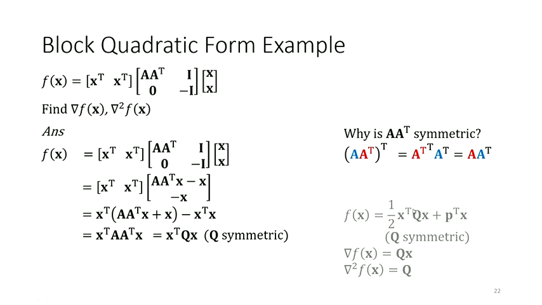The derivative of half X transpose QX when Q is symmetric would be QX, right? So here it will be twice QX, or twice AA transpose X, and the second derivative will be twice Q, which is twice AA transpose.